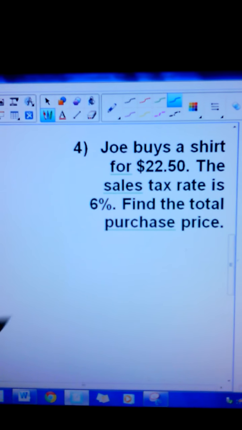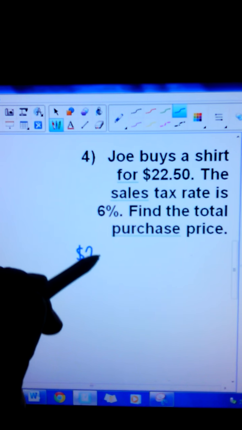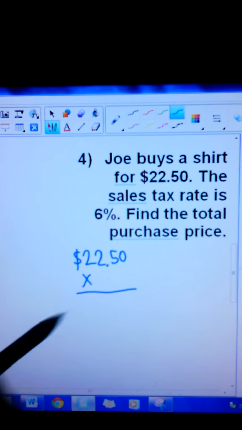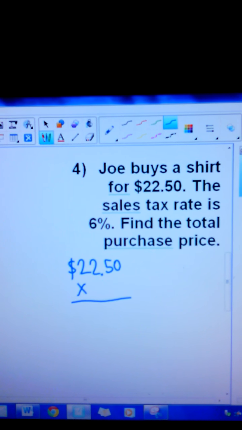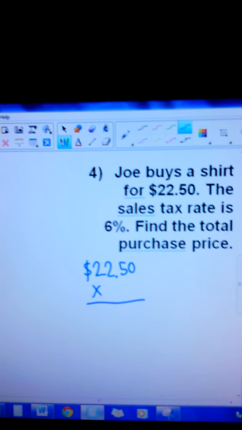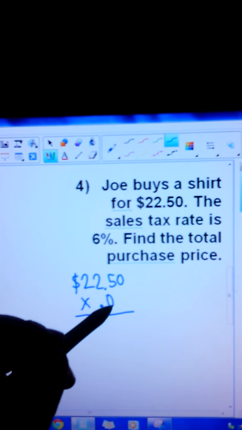Multiply $22.50 and be careful, you still need to change your percent into a decimal, or think of it as 6 cents on the dollar.